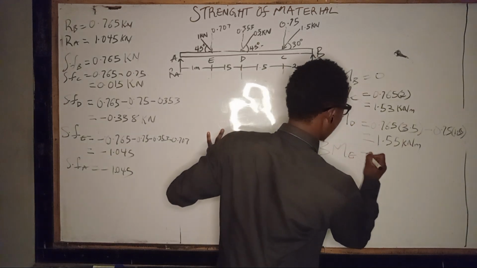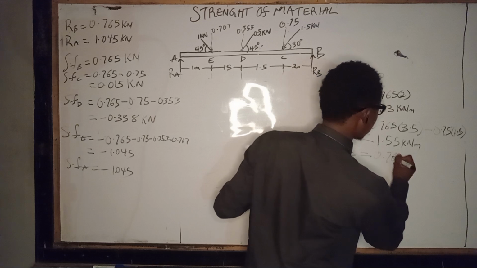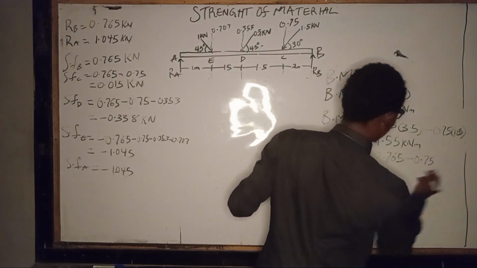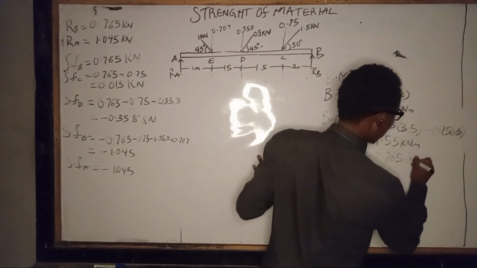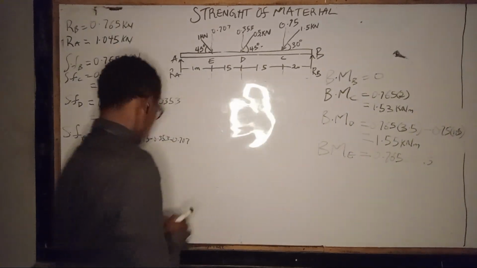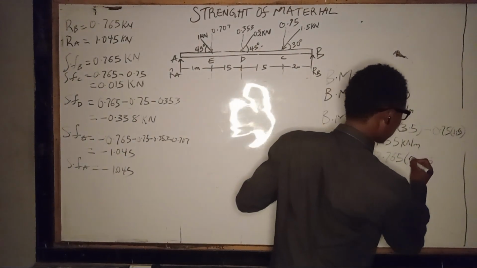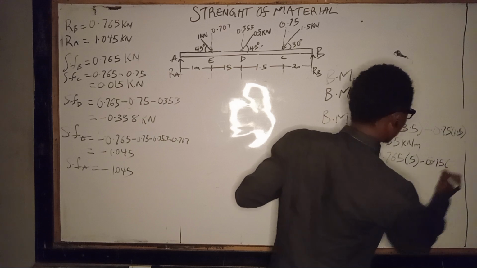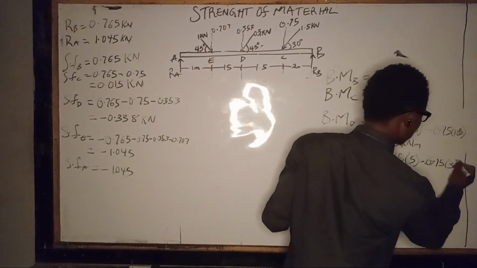Then also if we move to our bending moment at E, our bending moment at E would be equal to 0.765 times the distance here, which will be times 5, minus 0.75 times this one here and this one, which is times 3.